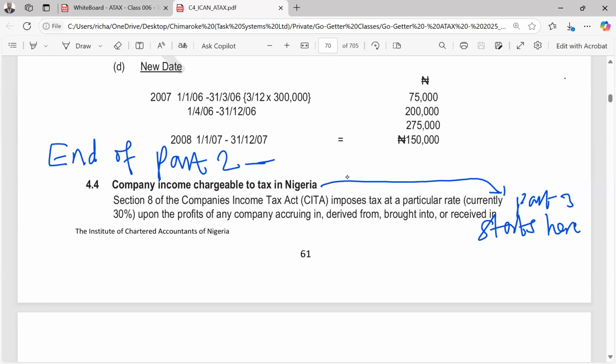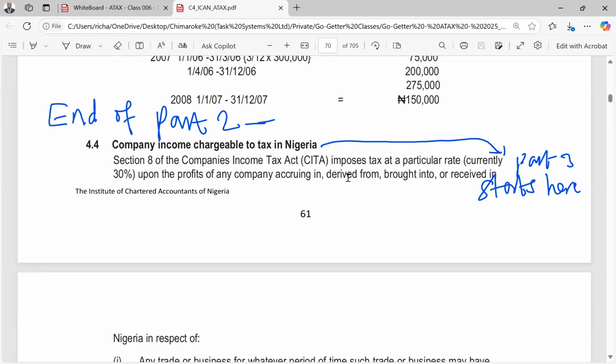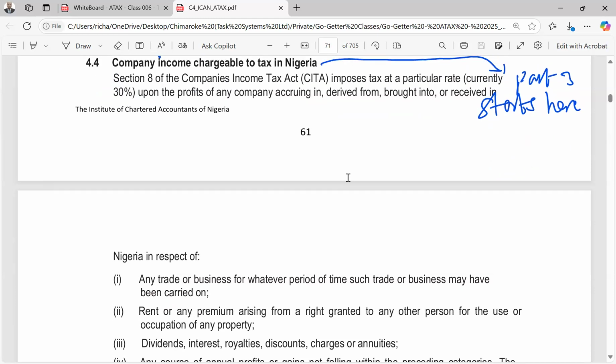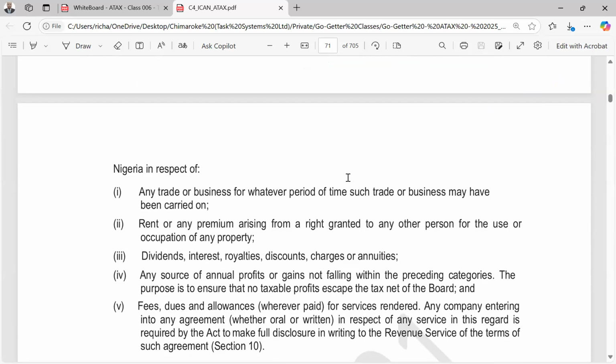Currently, the rate is 30% upon the profits of any company accruing in, derived from, brought into, or received in Nigeria, in respect of any trade. So it could be buying and selling, contracts, or business for whatever time period.